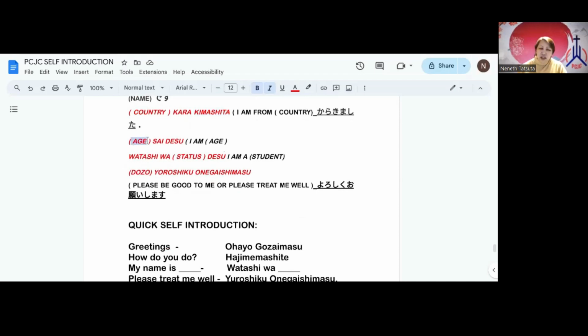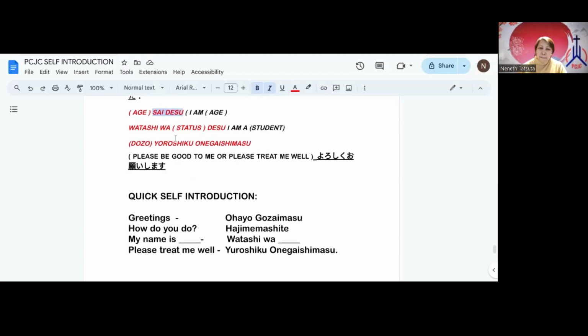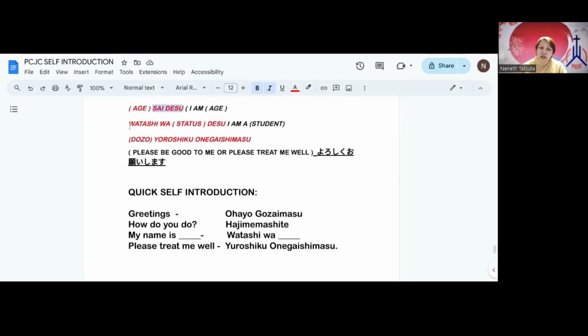Your age, for example, 25 sai desu. Okay? And then you can use the watashi wa again. Watashi wa, for example, if you're a student, gakusei desu.